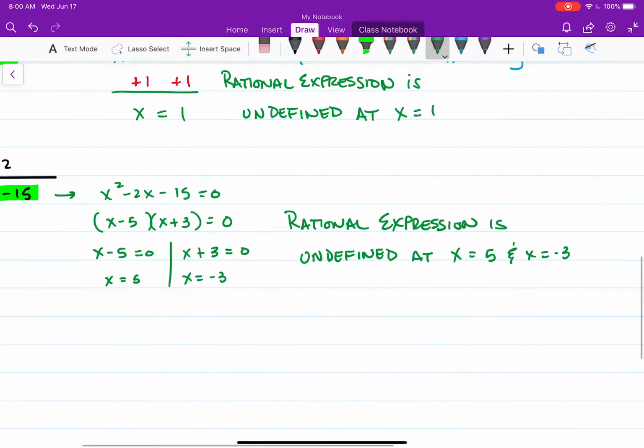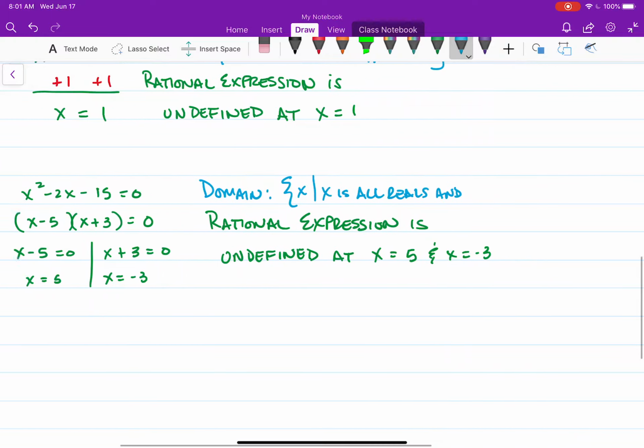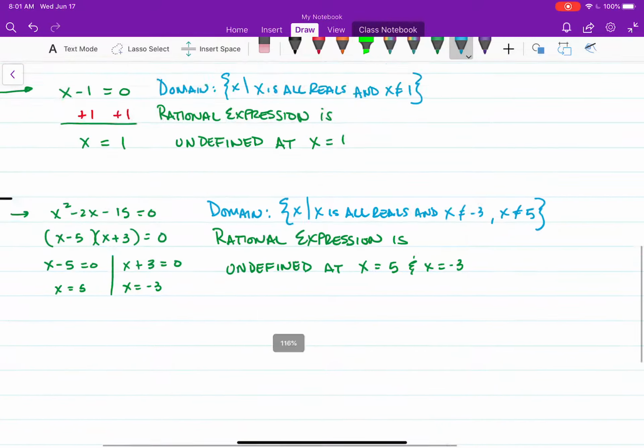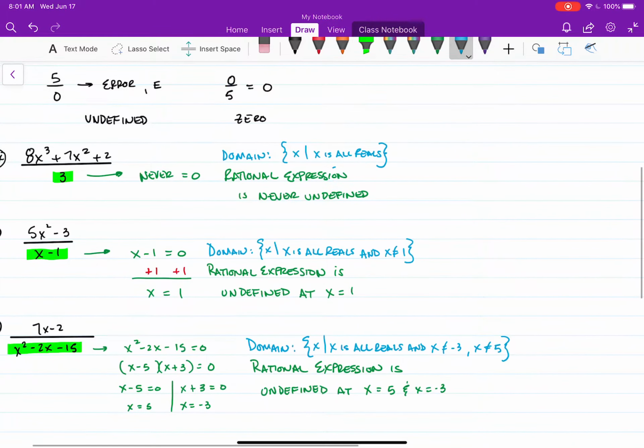So again, the domain becomes really easy. Domain means what x values can I use? X such that x is all reals, and x cannot be negative 3, and x cannot be 5. That's all it is. So notice the domain really isn't too bad.